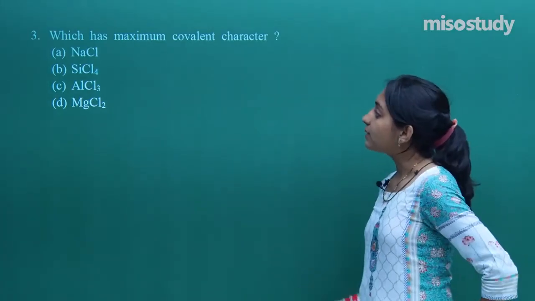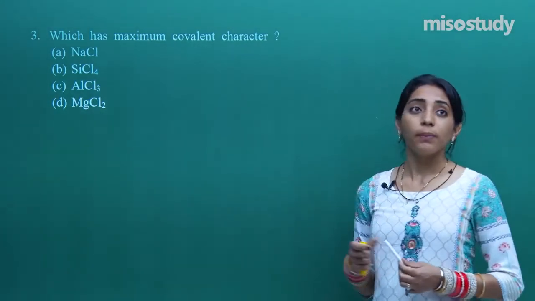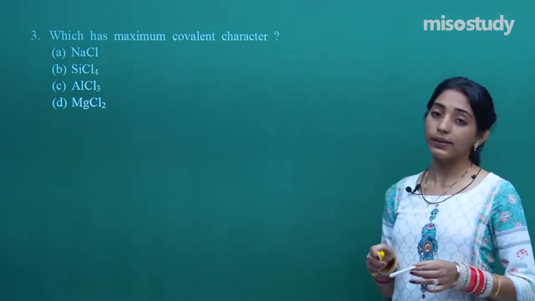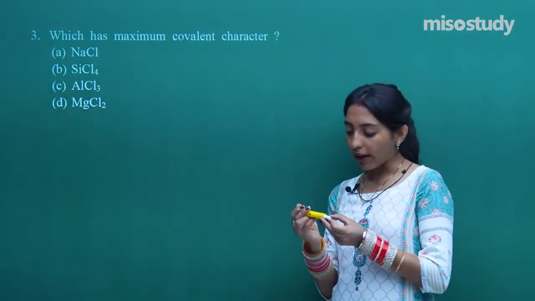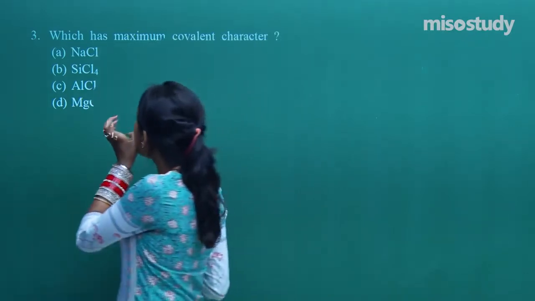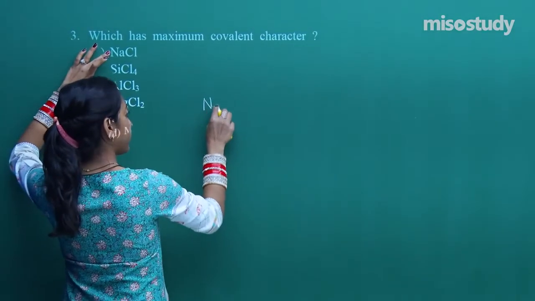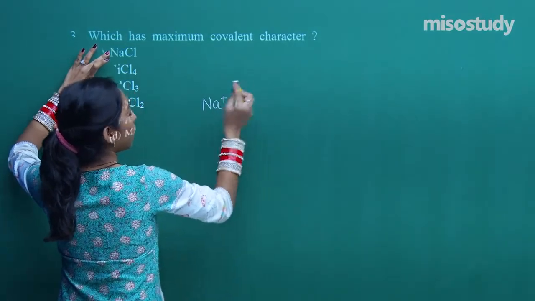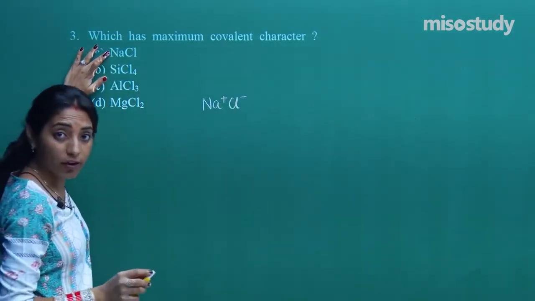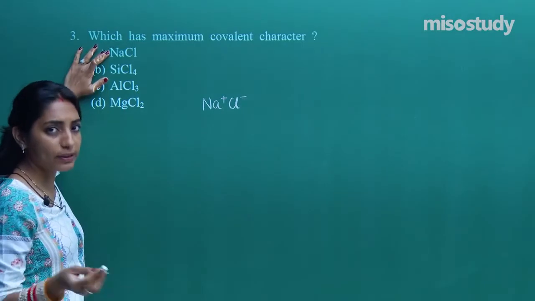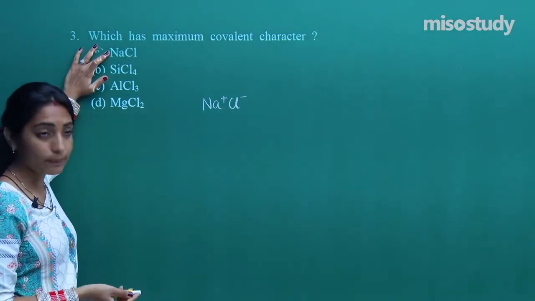This question says, which has maximum covalent character? Now you can see the options. NaCl is an ionic compound, and we know that none of the ionic compounds is 100% ionic, it must have some percentage of covalent character as well.